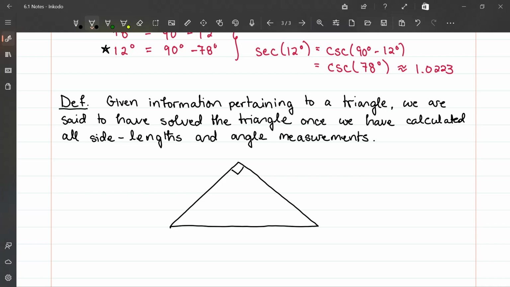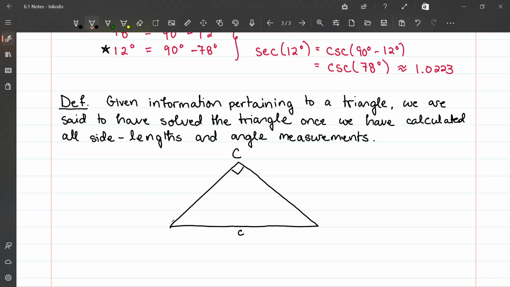There are also a couple of conventions that we go with. The first is that C is the right angle, and that little c, the side opposite, is the hypotenuse length.